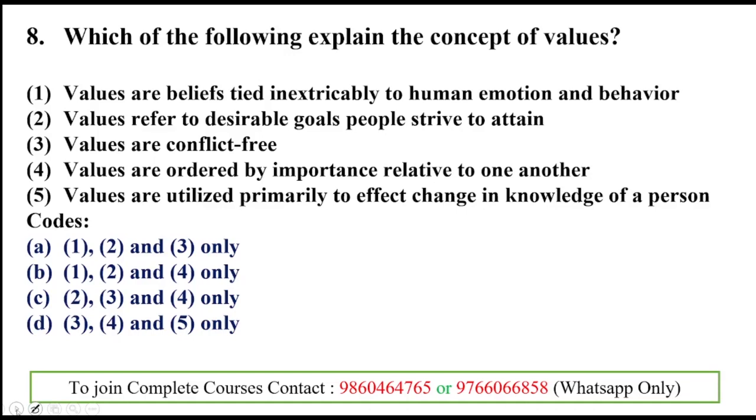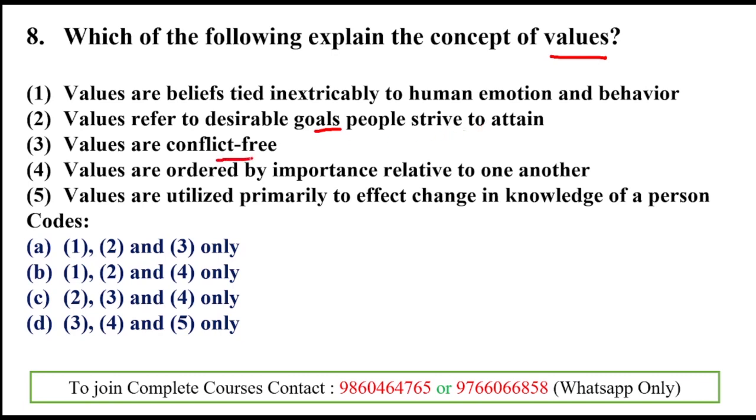Then the eighth question: which of the following explains the concept of values? Another important question from this part, and you can see the options. Values are beliefs tied inextricably to human emotion and behavior. That's right, inextricably. Next, values refer to desirable goals people strive to attain. So through these values, people get the goals that they desire.